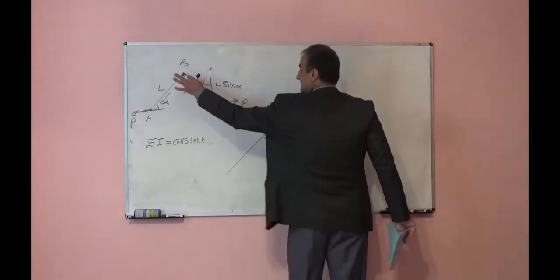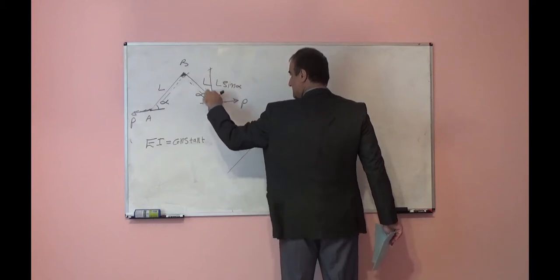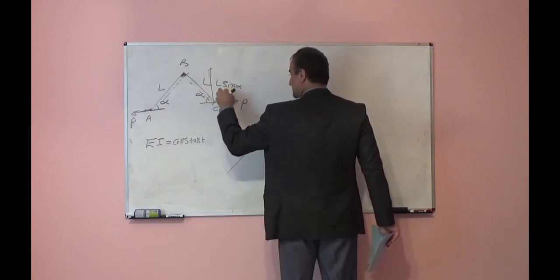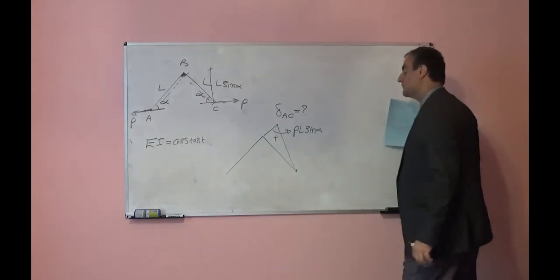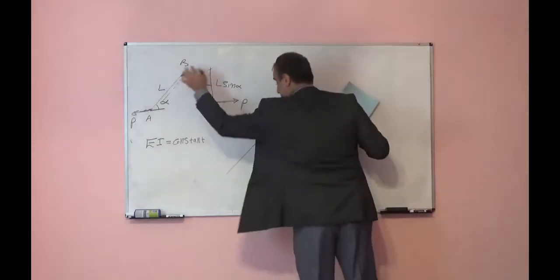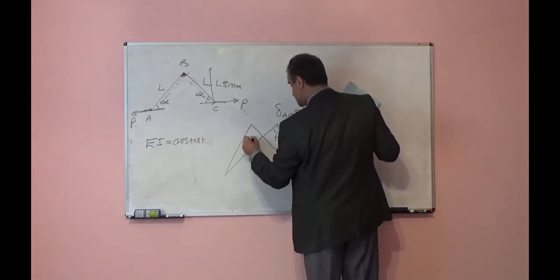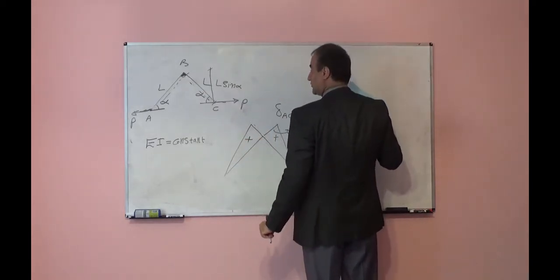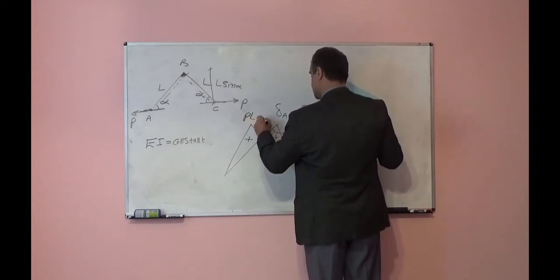That distance from B to C is L. This angle is alpha. So in the vertical direction the distance will be L sine alpha. P times L sine alpha will be our moment. Because this is a rigid joint, we will have the same thing here. Symmetrical system. Our moment diagram should be symmetrical too. So PL sine alpha.